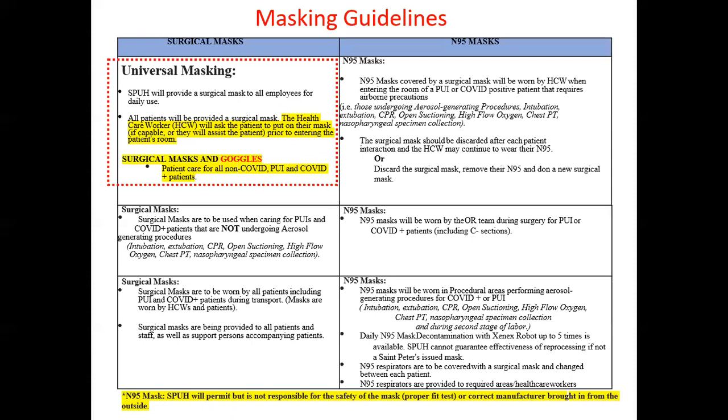N95 masks will be worn by the OR team during surgeries, and also in procedure areas performing aerosol-generating procedures for COVID positive patients. Daily N95 mask documentation, up to 5 times in AV levels. N95 respirators are to be covered with a surgical mask that is changed between each patient.